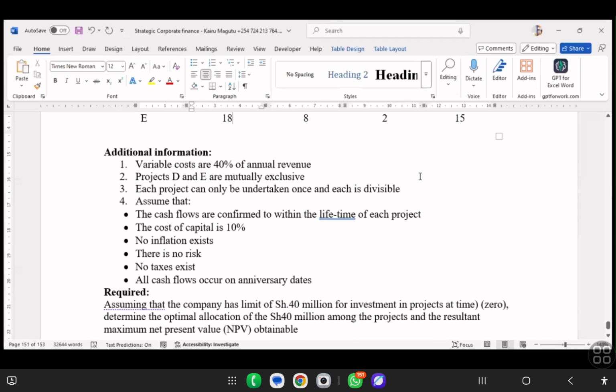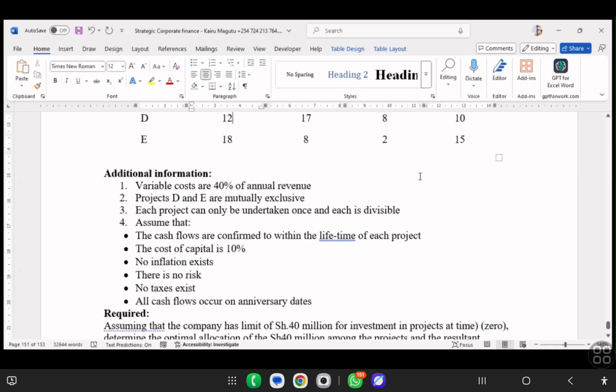Assume that the cash flows are constant, the cost of capital, no inflation, no risk. Note number 3, each project can only be undertaken once and each is divisible.